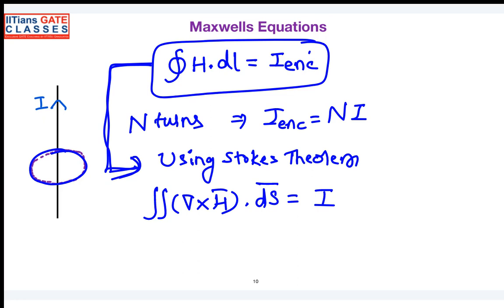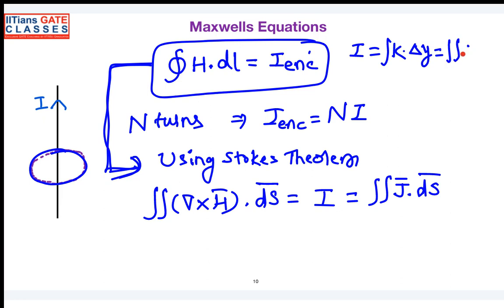Just now we have seen in the current distribution that the current I can also be written as a double integral of J dot dS in terms of volumetric current. If you remember, I have given this equation: I is equal to the integral of K dl, or it can be the double integral of J dS. So it depends on the type of distribution.